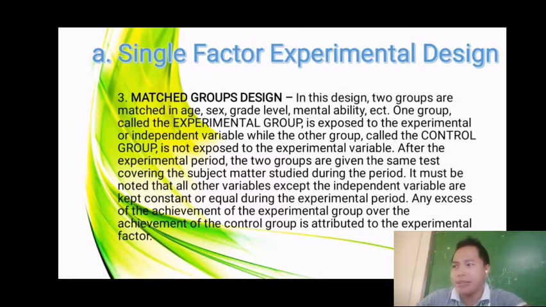After the experimental period, the two groups were given the same test on the subject matter covered by the two groups. The result was that there was a significant excess of the achievement of the experimental group over the achievement of the control group, and this excess was considered attributed to guidance and counseling.